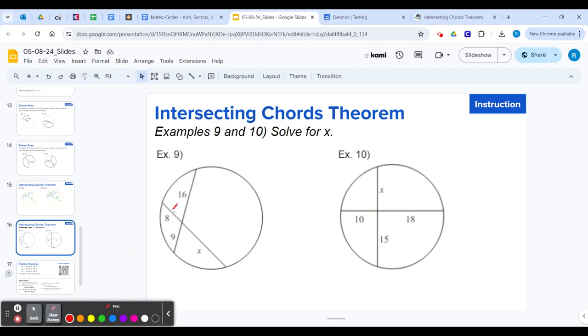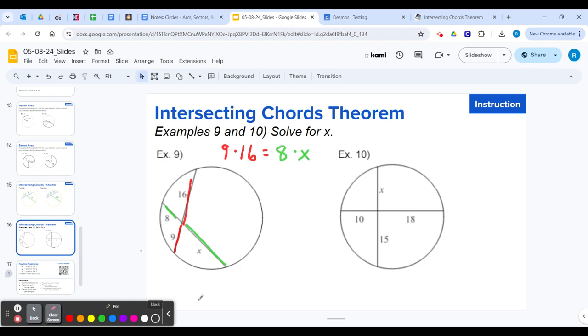So if we have these intersecting chords here, it looks like I have some lengths 9 and 16 that I can multiply together. 9 times 16 is going to be equal to this 8 times x here. And if I'm trying to find x, all I have to do is work this out.